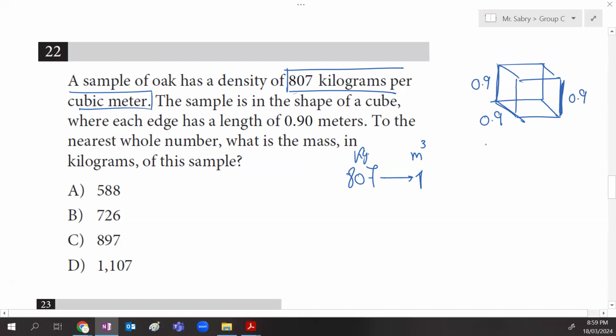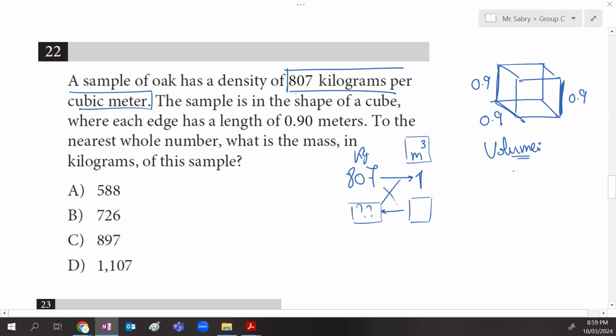Does this mean I can get the volume of that shape? Yes, I can. And why did I think of the volume? Because meter cubed is a unit for volume. So if I get the volume of this shape, I can put this volume over here under the meter cubed. And if I cross multiply, I'll get exactly the kilograms. And that's what we're trying to do.